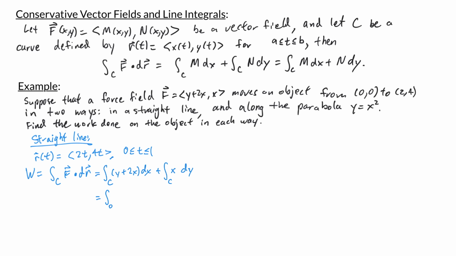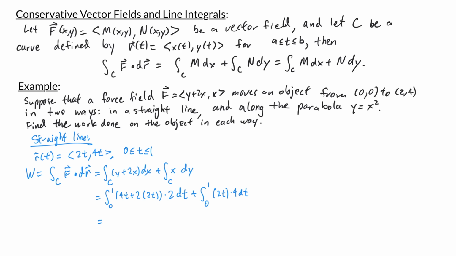This is the integral from 0 to 1. y is 4t plus 2 times x, that's 2t, and then times x prime of t dt. x prime of t would be 2, and then dt, plus the integral from 0 to 1 of x dy. So x is 2t, dy is y prime dt, so y prime is 4, and then I have dt.